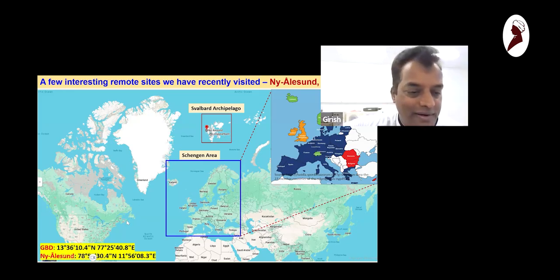And please keep an eye on the latitudes here. Longyearbyen is roughly 78 degrees north, and Ny-Ålesund is about 79 degrees north. For reference, Bangalore is roughly 13 degrees north and 78 degrees east. And this Svalbard region is 11 degrees east, because we have moved west relative to Bangalore.